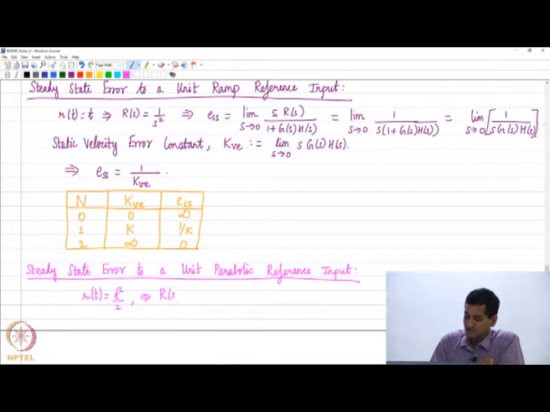So r of s is going to be 1 divided by s cube.